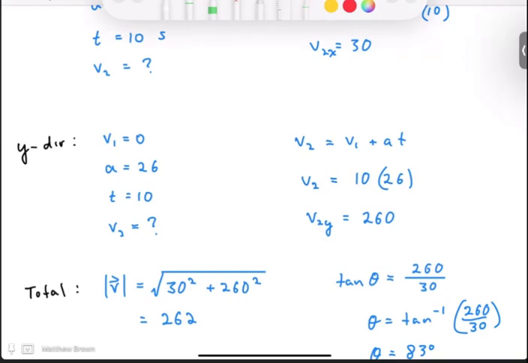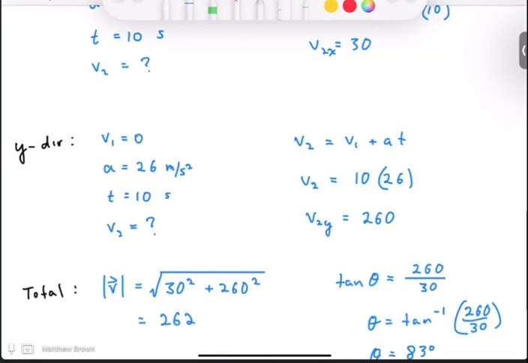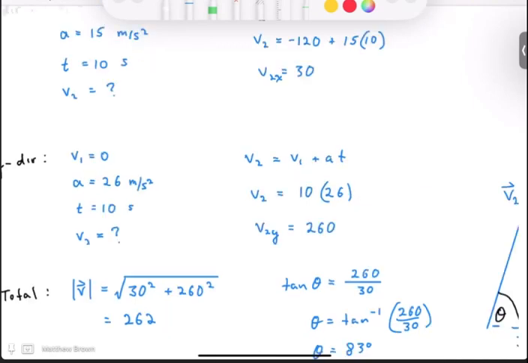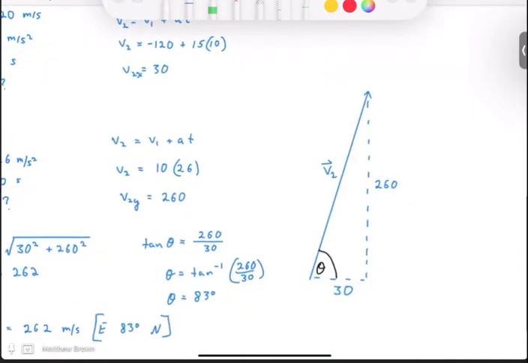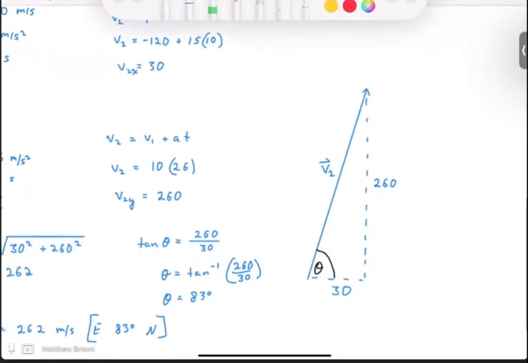I know I left off the units there, but sometimes it's helpful to put the units just to make sure you didn't get something in kilometers an hour or something like that. Again, we want v2. Use the same equation. In this case, v1 is 0, so it's just 10 times 26, or 260. Now that I know the x component and y component of the velocity, that's enough.